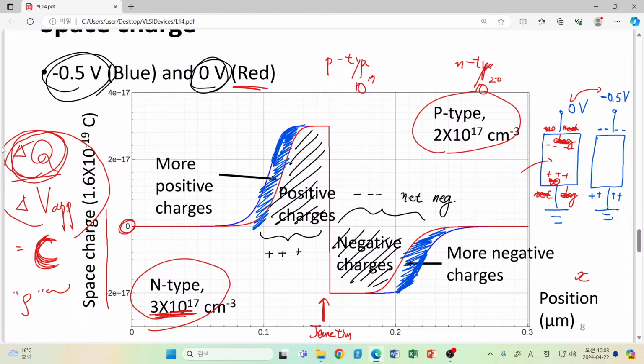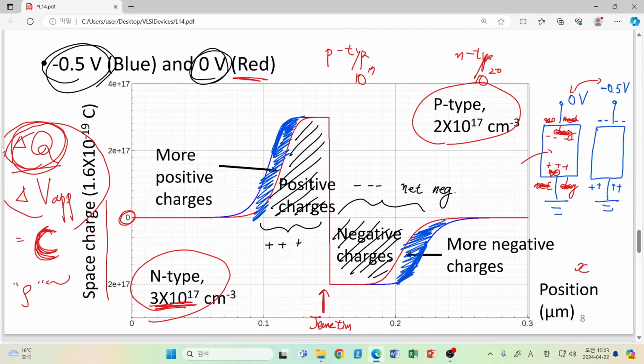We are now talking about what happens if we apply additional voltage, how much charge can be collected by that action. That additional voltage is what is considered in this capacitance calculation.